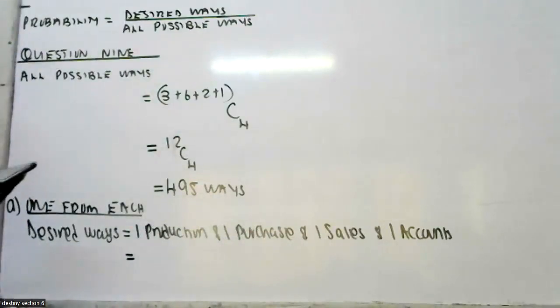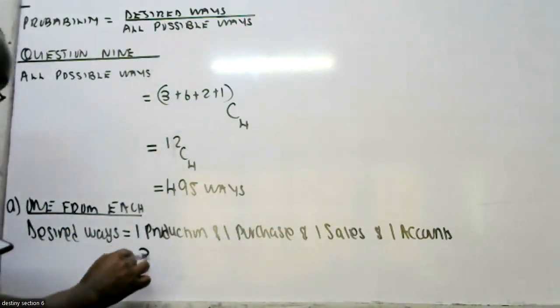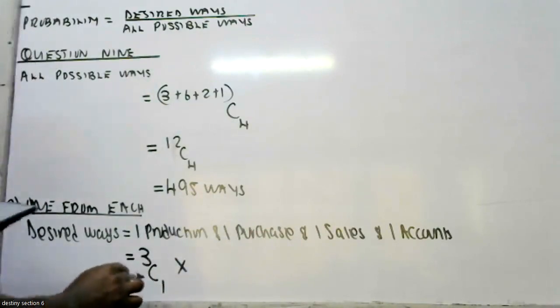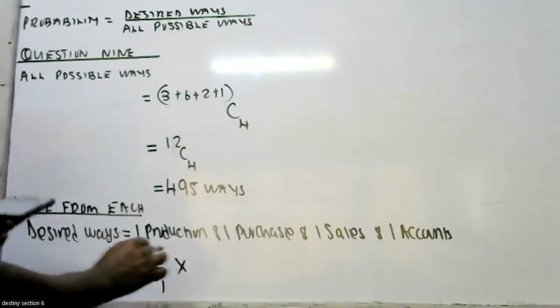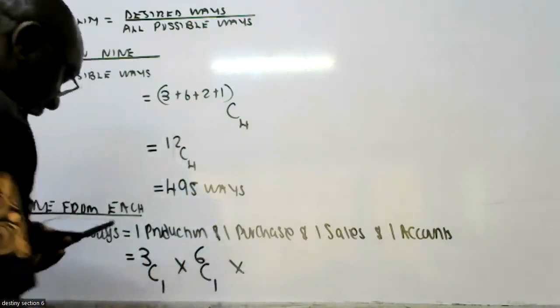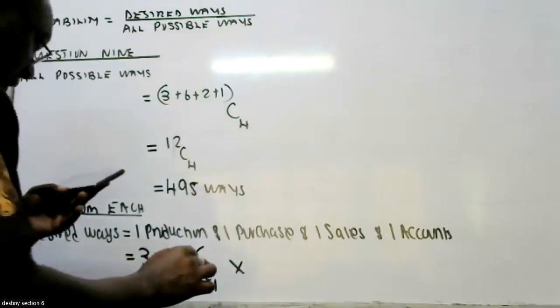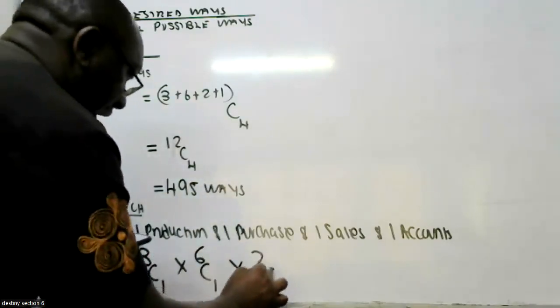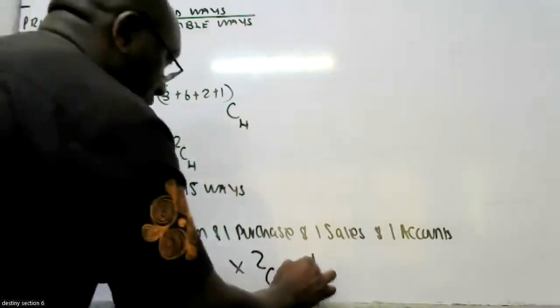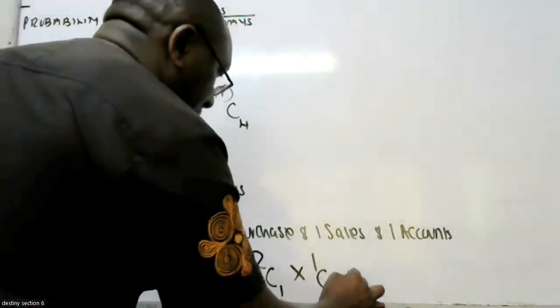From the production, we have 3 guys, so 3 choose 1. Then times purchase, we have 6, so from 6 choose 1. And sales, we have 2, so from 2 choose 1. And accounts, we have 1, so from 1 choose 1.